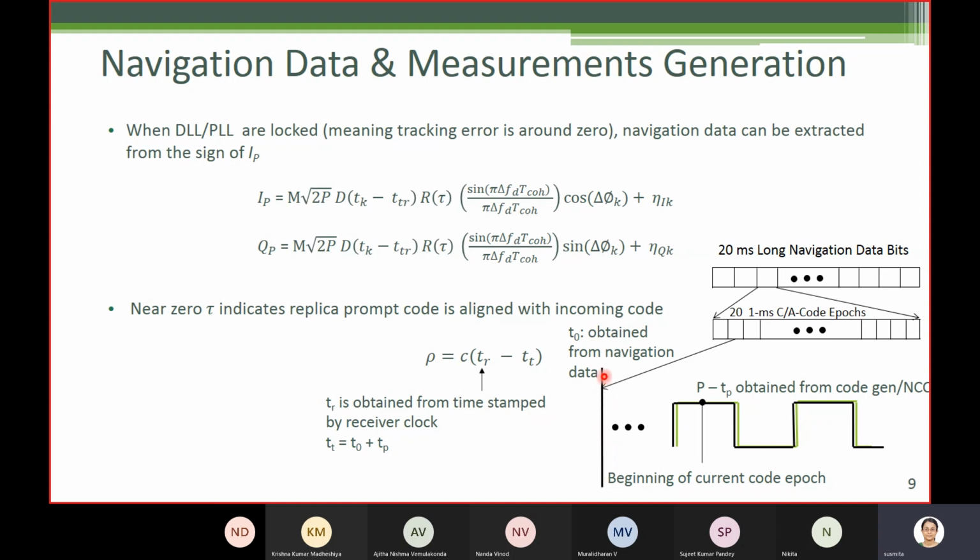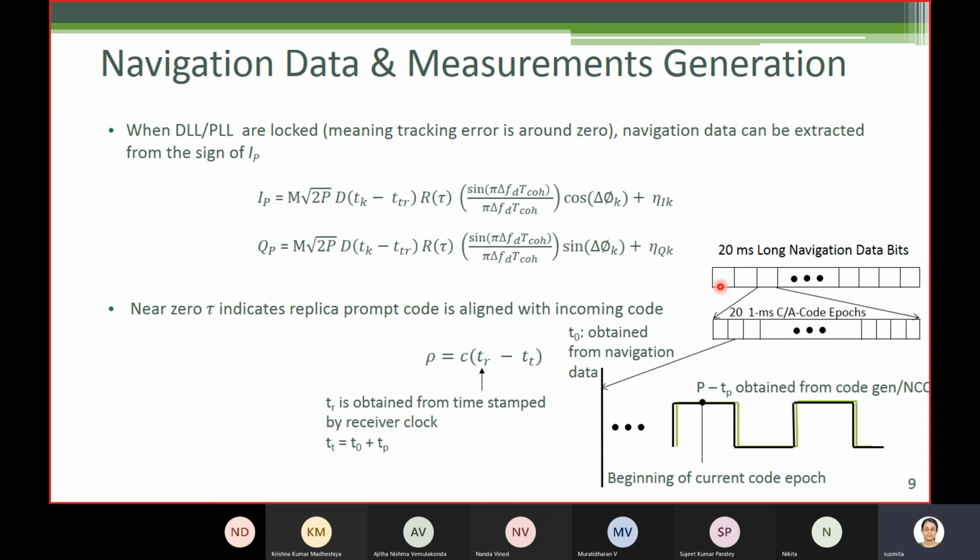Next, the task is to find the time at which the beginning of the current code epoch occurs, which is T naught. This time we can obtain from the navigation data. How? We know that in case of GPS and IRNSS SPS signal processing, GPS L1 and IRNSS L5 or S, each navigation data bit is 20 milliseconds long.